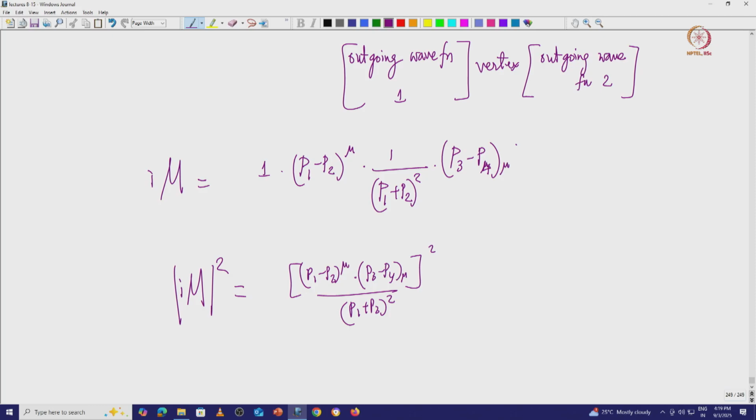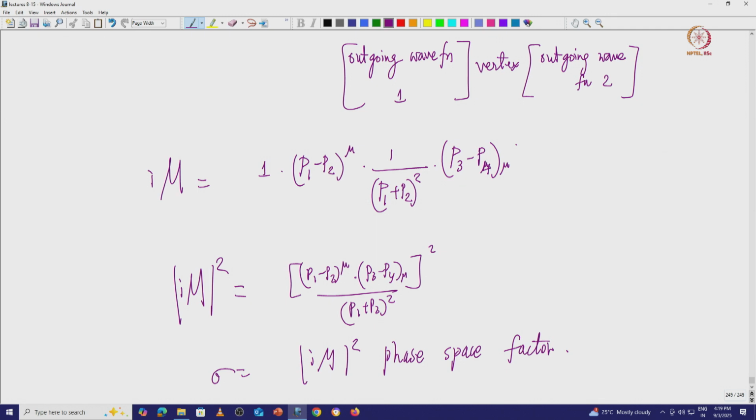Now you know what is P1, P2, P3, P4, you know the differences, and then you can calculate the cross section given by mod M square times the phase space factor. So this gives you the correct things.